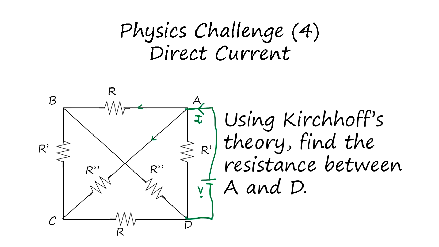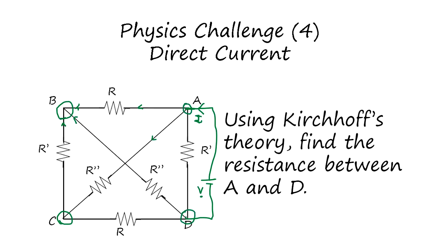Another way to do the Kirchhoff theory is we take a node, right, and find out all the current flowing into this is going to be 0, right?